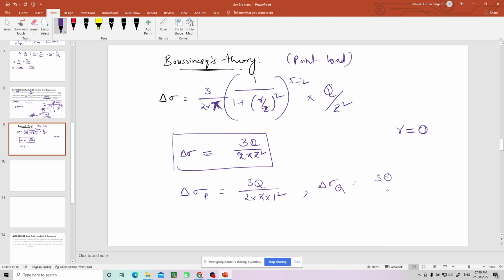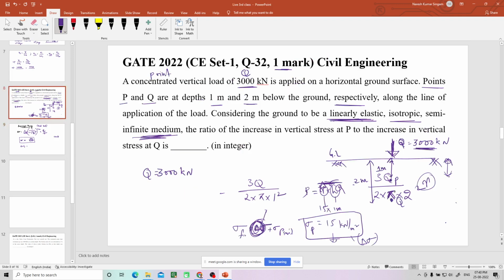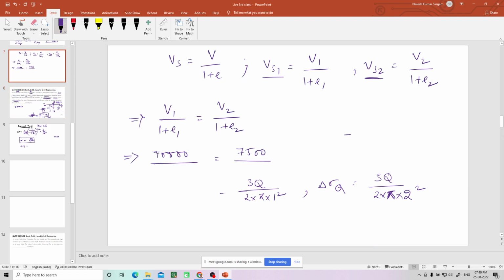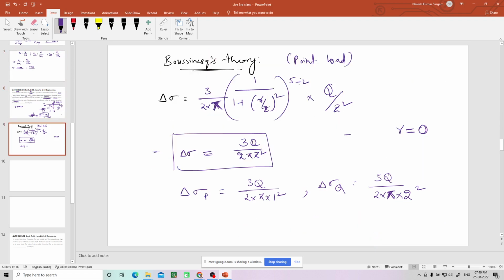Again 3 into, because of the same load they have asked, 2 pi 2 square, because z is 2 here. Now what did they ask in the question? The ratio of the increase in the vertical stress at P to the Q. So they are asking delta P by delta Q.